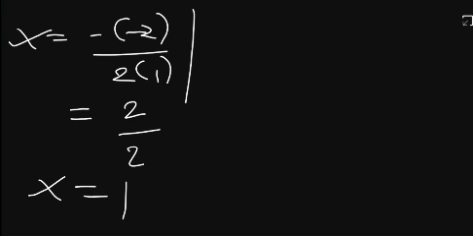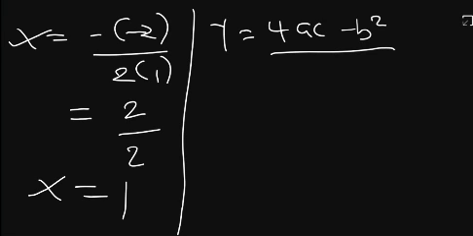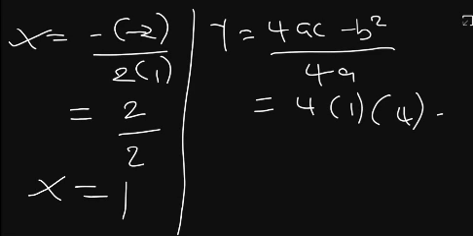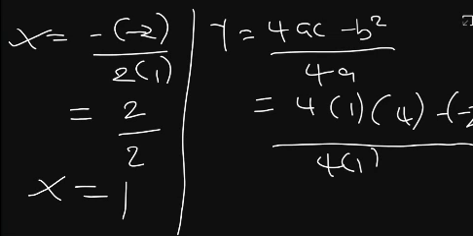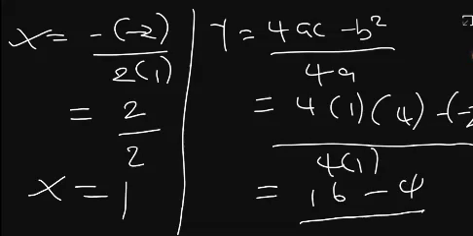And how are we going to find y? We know that y is equal to 4ac minus b squared over 4a. So 4 times a is 1, c is 4, b squared, negative 2 squared, over 4 times 1. This will give you 16 minus 4 over 4.